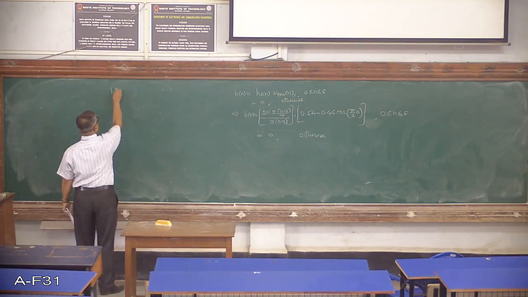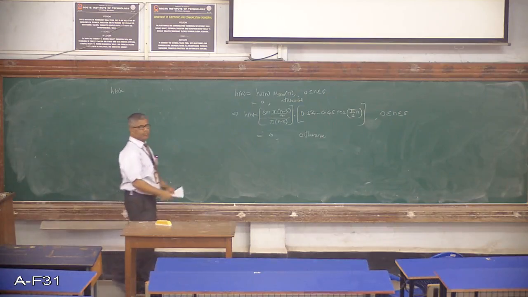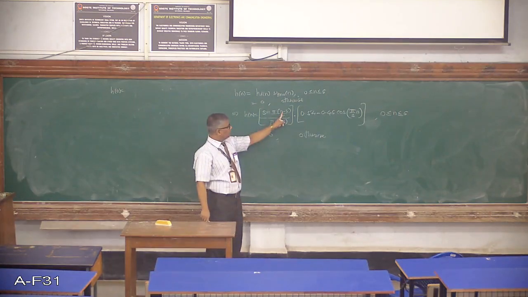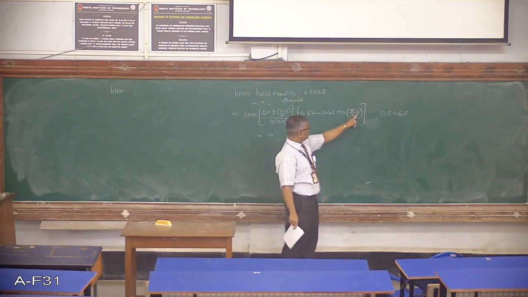H of 0. I will put here n is equal to 0. So I will get sine of minus 3 pi by 4 divided by minus 3 pi. You put n is equal to 0 here, cos 0 will be 1.